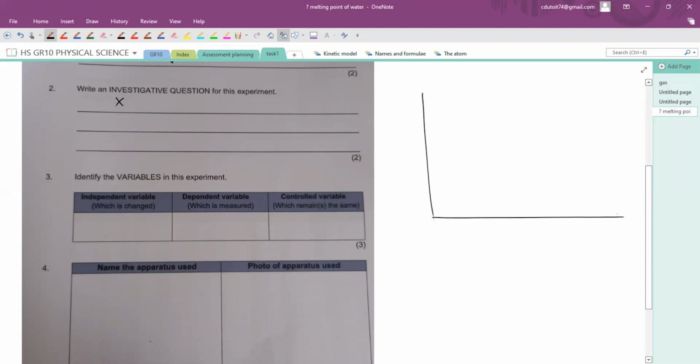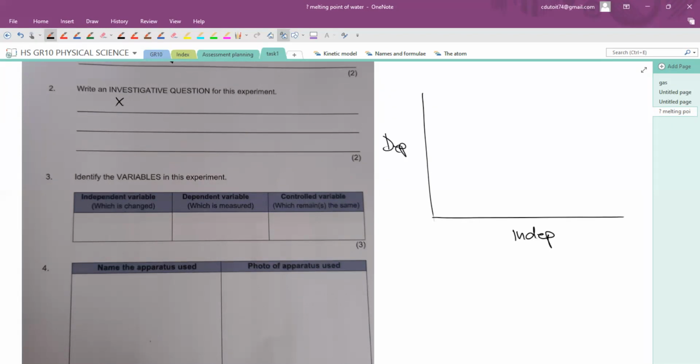So is independent variables one that you cannot control, that happens by itself? Yeah, the dependent variable is normally on the y-axis and the independent is on the x-axis. So the independent variable is something that you regulate.